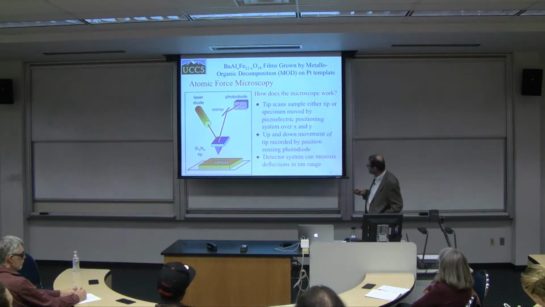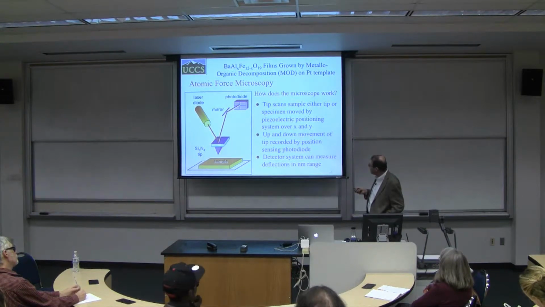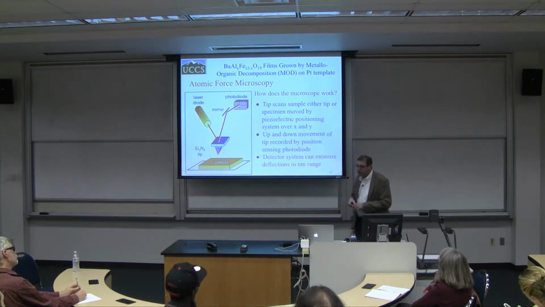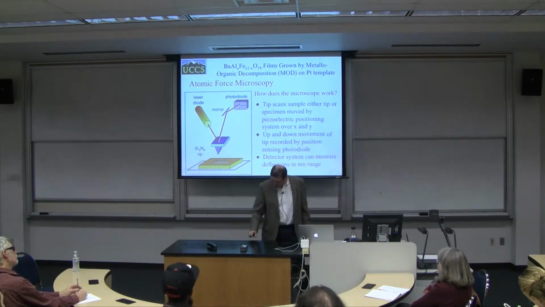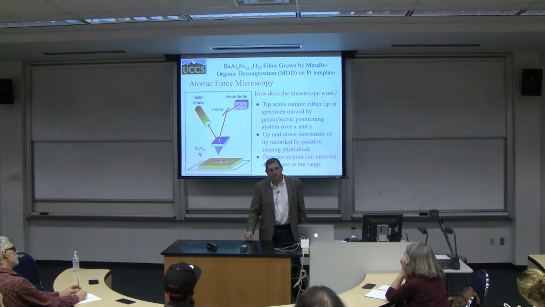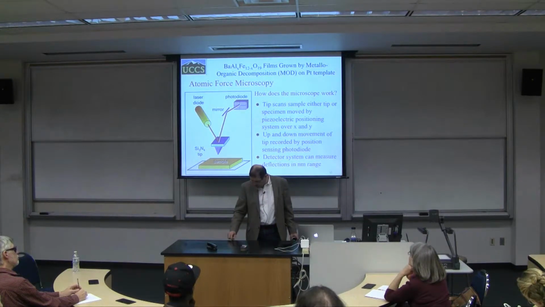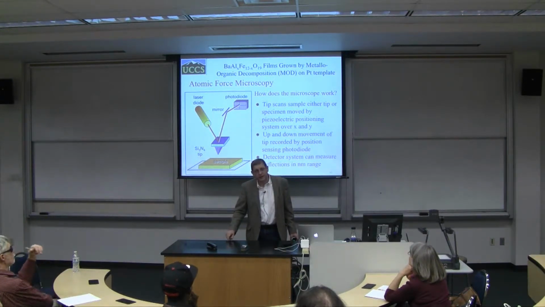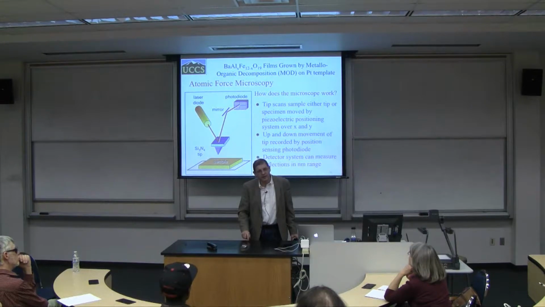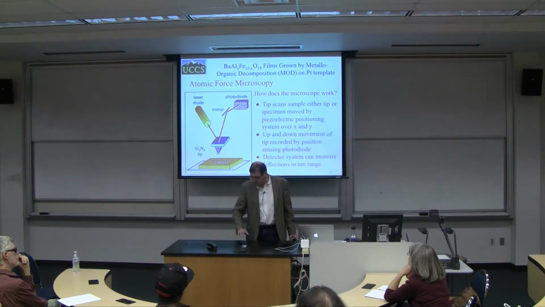Basically, you have some tip, a silicon tip, which is very sharp. You bring it to the sample, and then you just tap your sample with the tip, and the piezo element, so a ferroelectric crystal actually, moves this tip along the sample, and by tapping all the time we can determine the surface morphology of our sample.